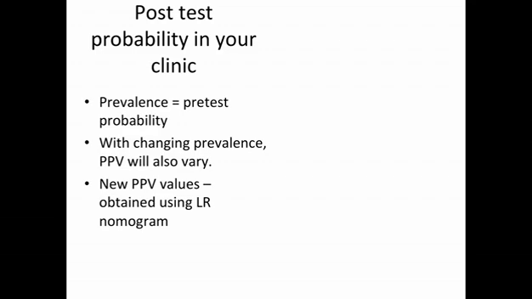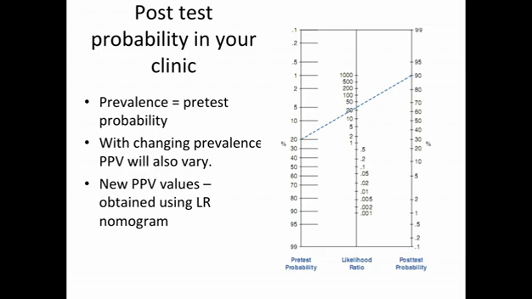You can get these by using a likelihood ratio nomogram. An example of a likelihood ratio nomogram is shown here. If you know a specific pre-test probability value, that is the prevalence in your population, and if you know the likelihood ratio of a positive test from a test result, you can calculate the post-test probability that is applicable to your clinical sample. Nomograms are discussed in detail in another podcast.